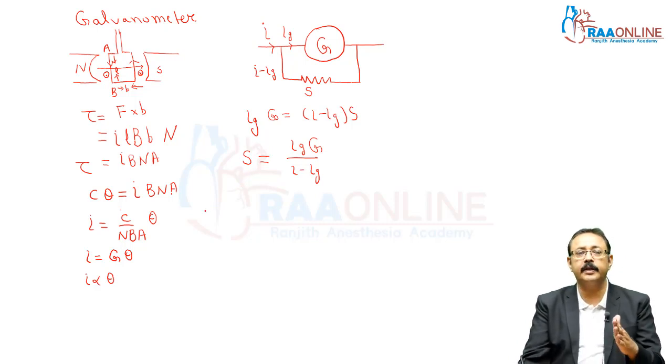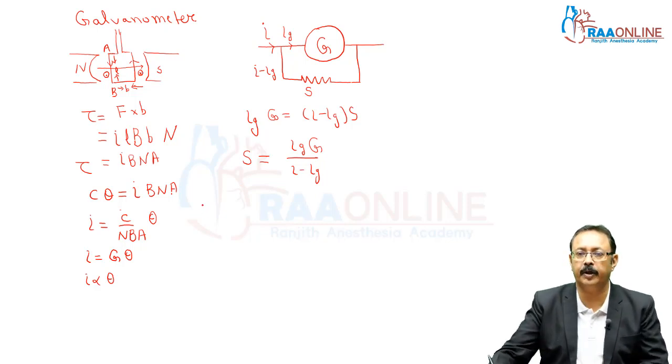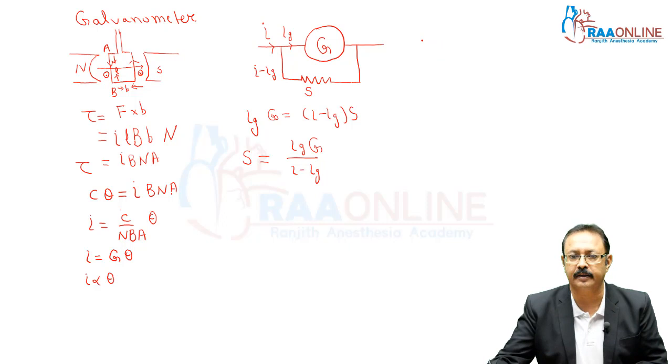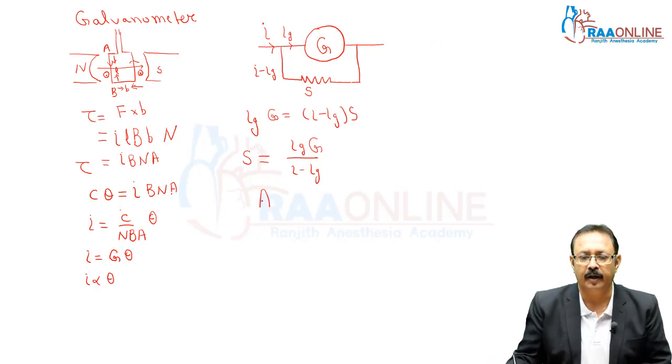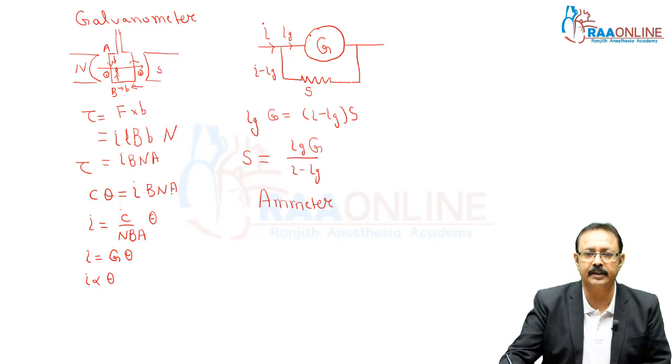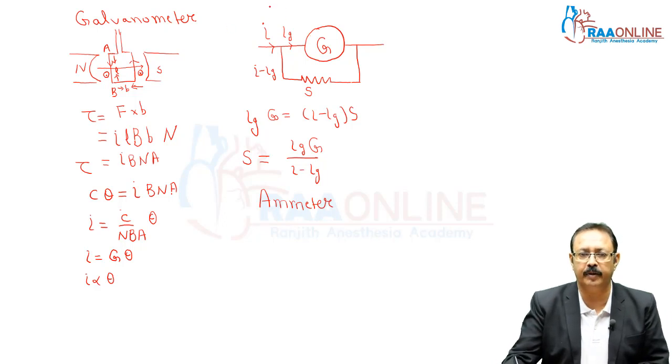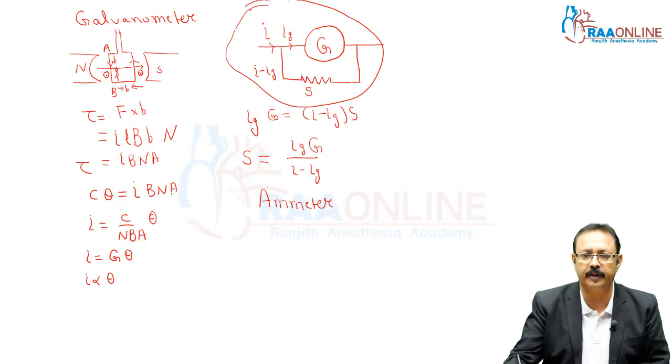I converted the galvanometer into an ammeter. This whole system is known as an ammeter: galvanometer plus shunt. This full instrument is now an ammeter.